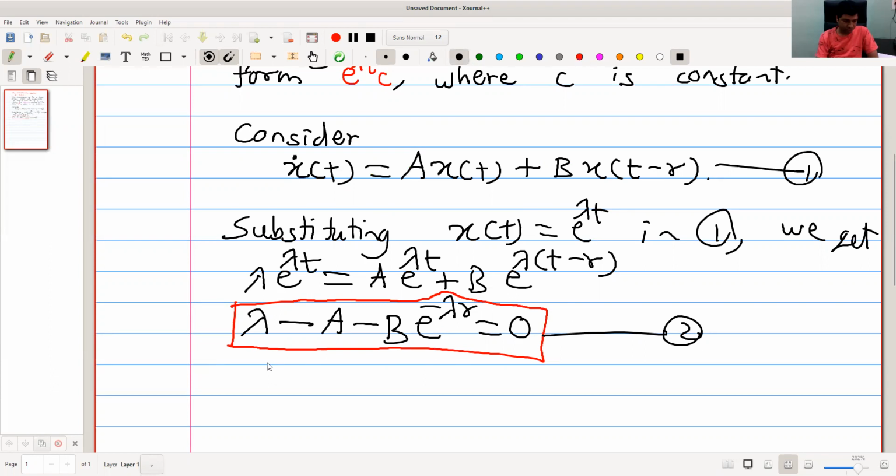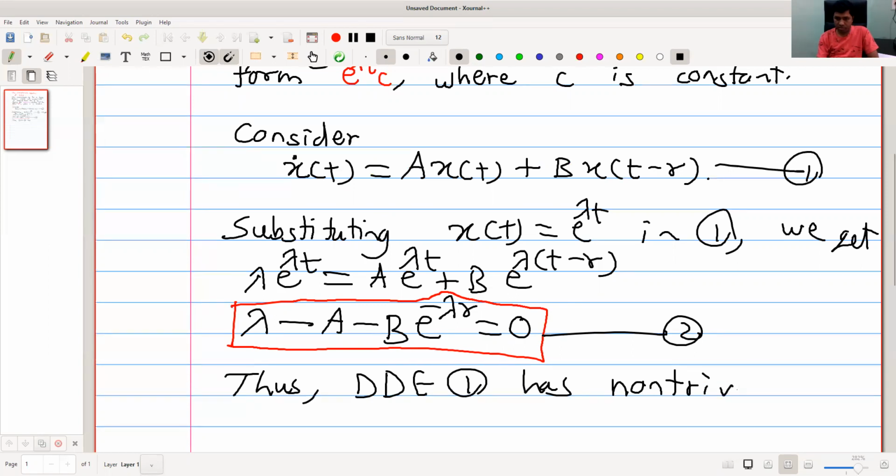We call this h of lambda. Thus DDE 1 has a non-trivial solution if and only if 2 is satisfied, meaning equation 2 has roots.